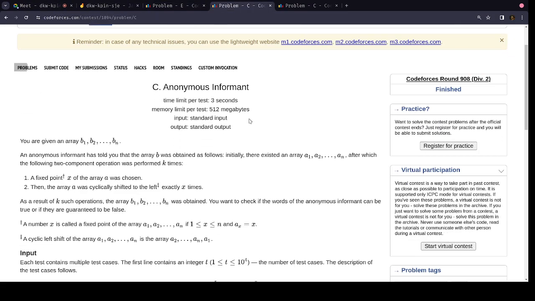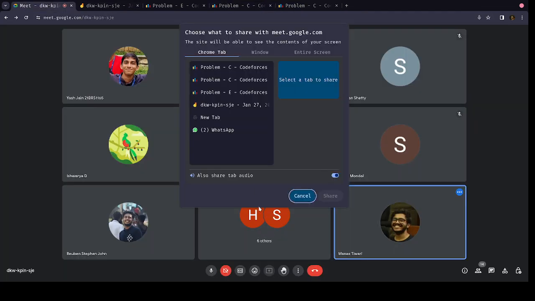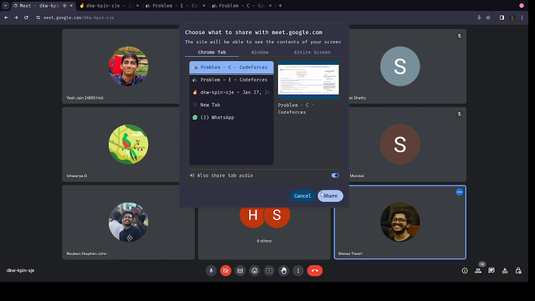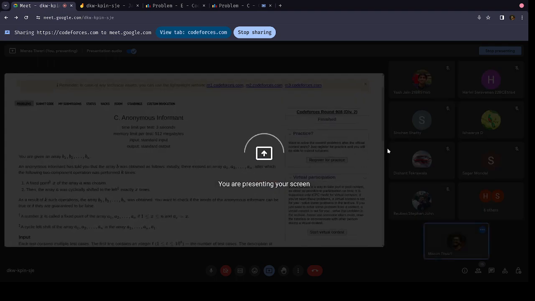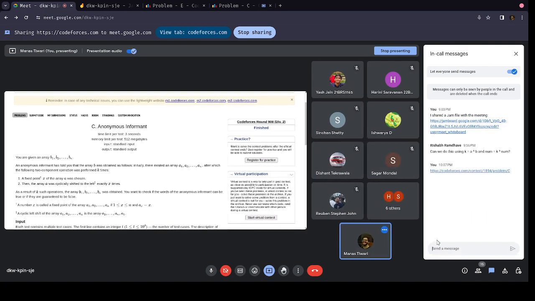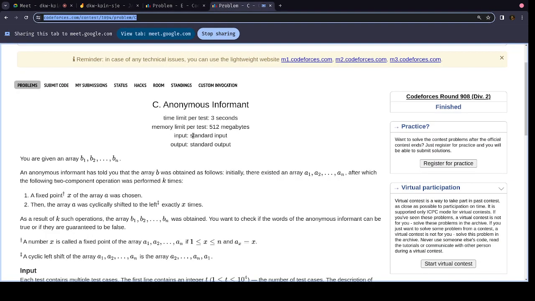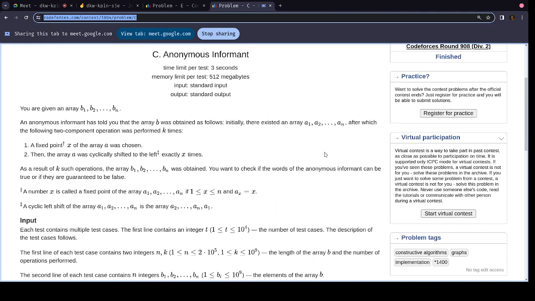Okay, so the first problem will be this. I'll send you the link. You can either read the problem or I'll read it to you.